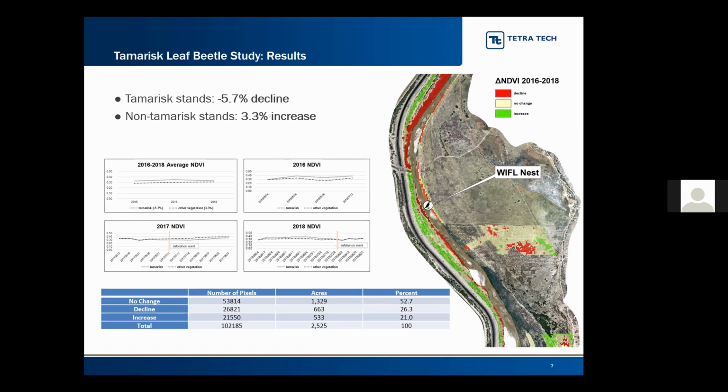And then on the bottom two graphs there, the 2017 and 2018, we were working with some folks from NAU, and the horizontal bars there are defoliation events that simply didn't track with the reach scale analysis we were doing. I think that was mostly due just to the localized impact of the beetle on this system. But again, we did demonstrate that we can identify imperiled wiffle nest sites.